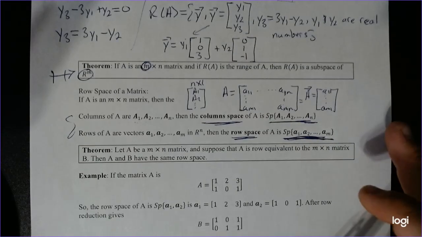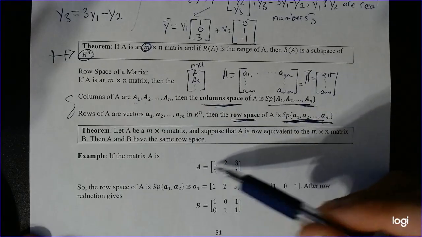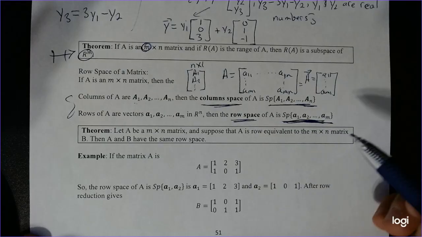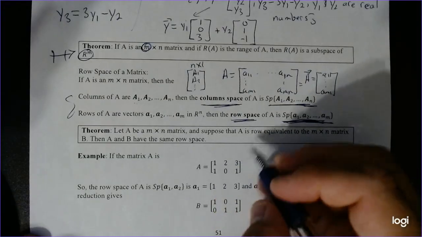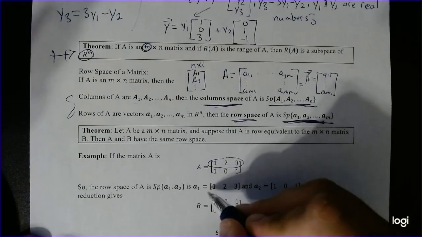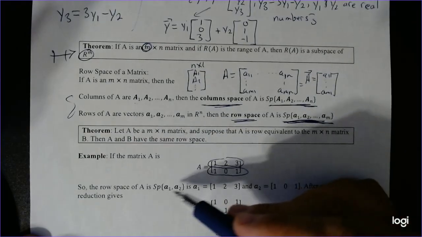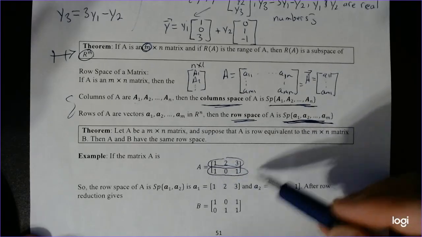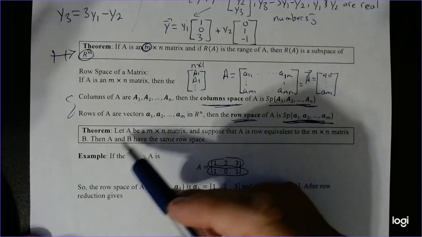Okay. So here's an example of what we're talking about. If we have this matrix A, and you want the row space, the row space is these ways, right? So it's going to be the span of A1 and A2. A1 is going to be this part here, and A2 is going to be there. So the row space of A is the span of those two vectors. However, if I row reduce this as much as possible, I get this, which we'll call B in this definition.